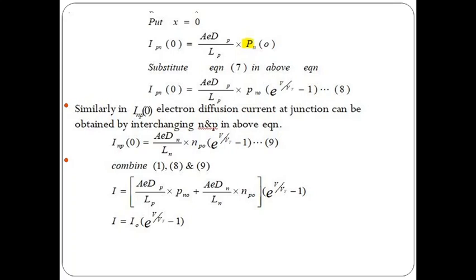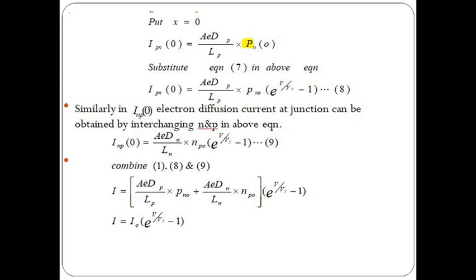So this current is the hole diffusion current at x equals 0. Similarly, we need to know the electron diffusion current. It is nothing but Inp of 0, obtained by interchanging the N and P in the above equation, equation number 8. So N is replaced with P and P is replaced with N. Now it becomes Inp of 0, which is the current due to the electrons in the P region at x equals 0.